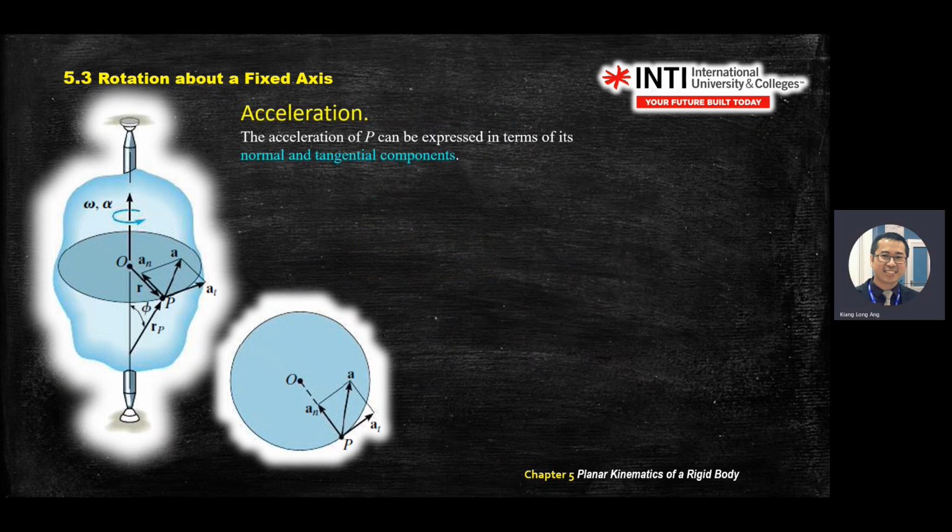The rest is still the same. You can split all the vectors into tangent and normal direction. This is what you learned in the previous chapter. Previously, how do you find acceleration in tangent? You take v dot, or v differentiated with time. How do you find normal acceleration? v square over rho. You learned this before.